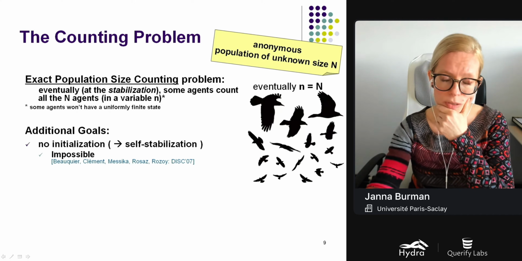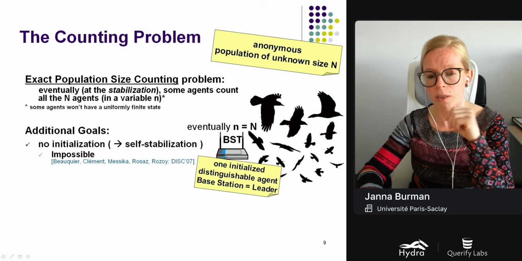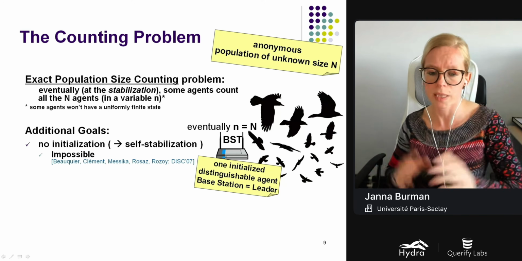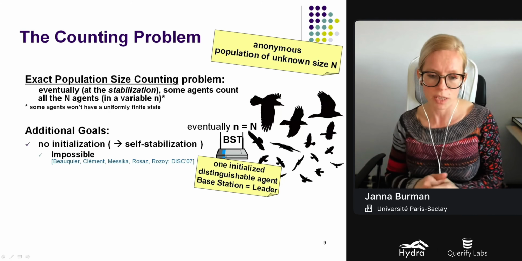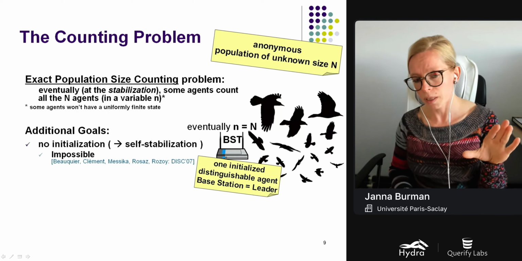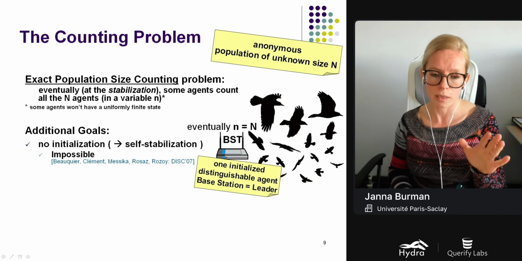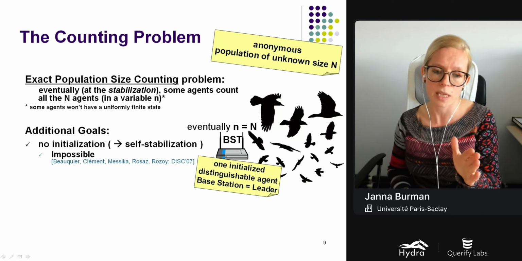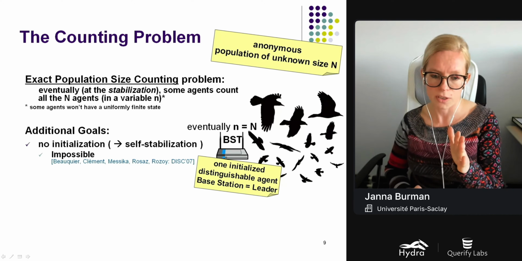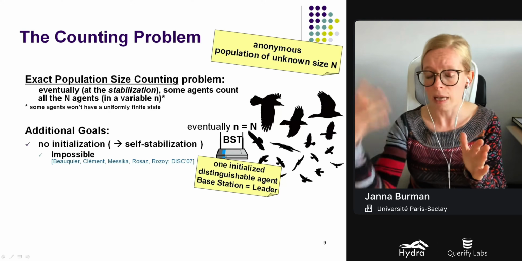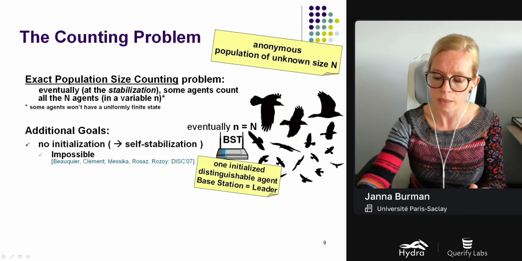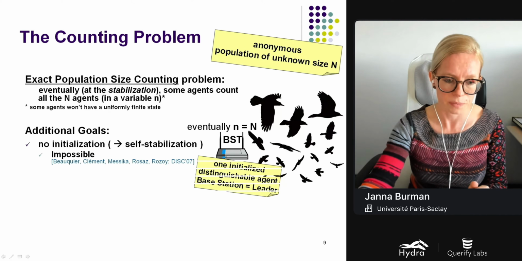We will introduce one particular distinguishable agent, let's call it a base station or leader. This is because of the mobile sensor networks motivation, and only this agent will be initialized. Let us also assume that it is this agent that will count the number of the other agents, and these other agents won't be initialized. So it's not pure self-stabilization, but almost.